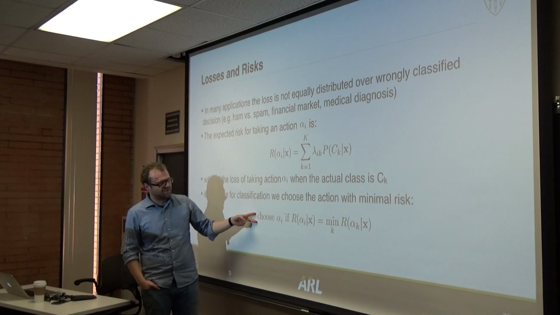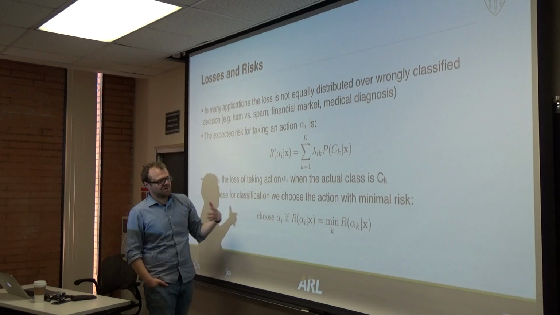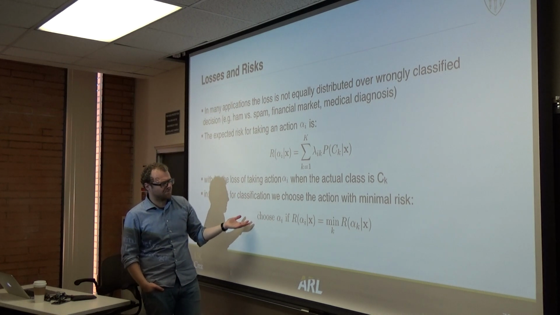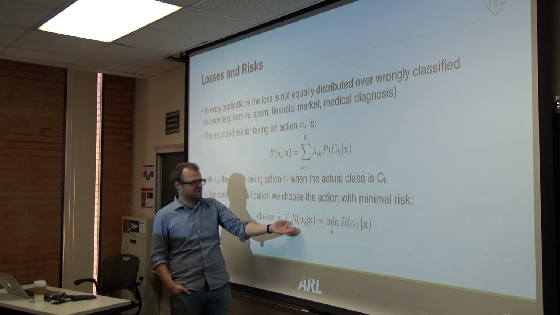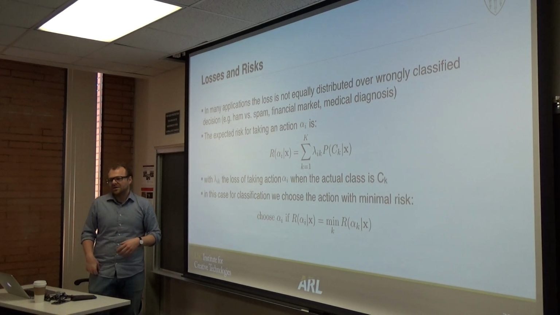So if you want to use these risks as your classification rule, you basically just choose the minimum risk, okay? That is really strongly influenced by the risk of making a certain type of mistake.